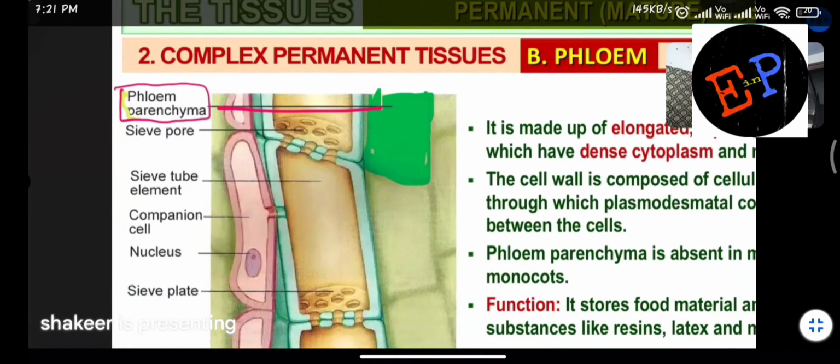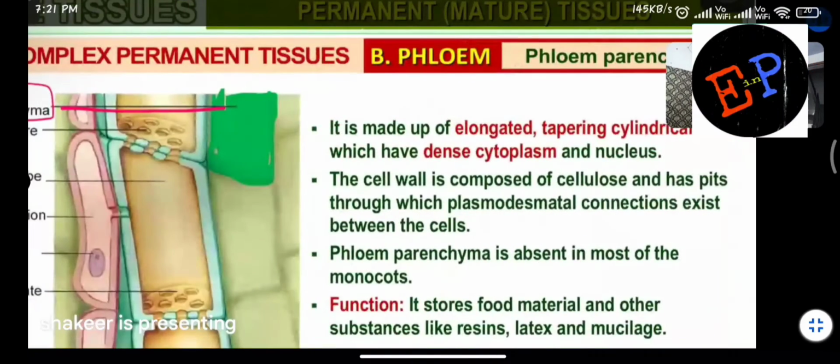This cell is also called a phloem parenchyma cell. It is made up of elongated tapering cylindrical cells. First of all, they are elongated cells, and they are tapering cylindrical cells. Tapering means what? At the ends they become very, very narrow.